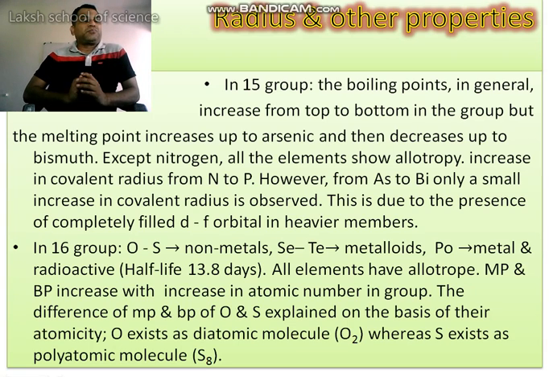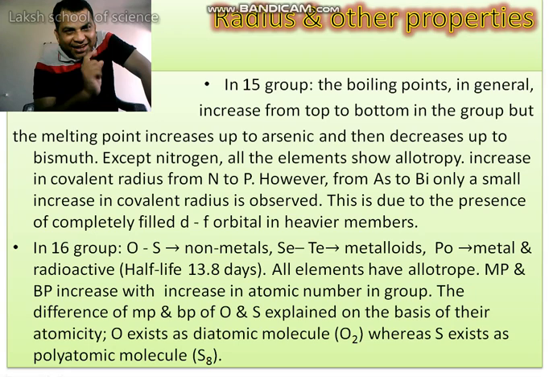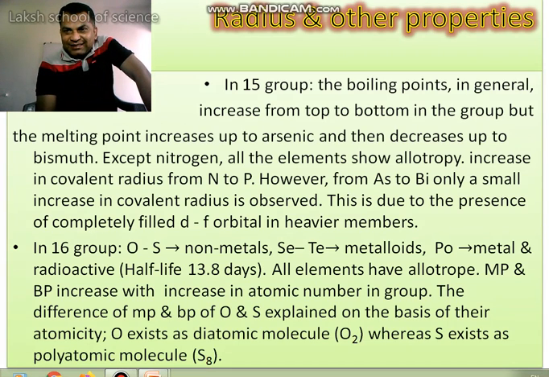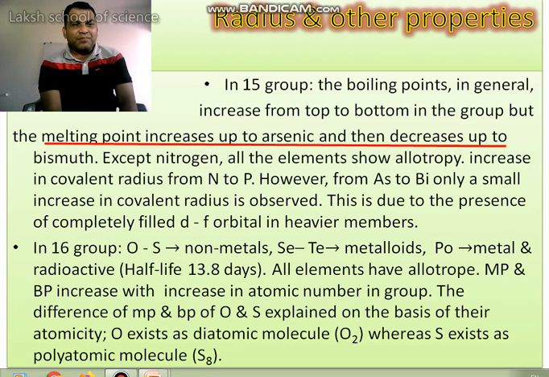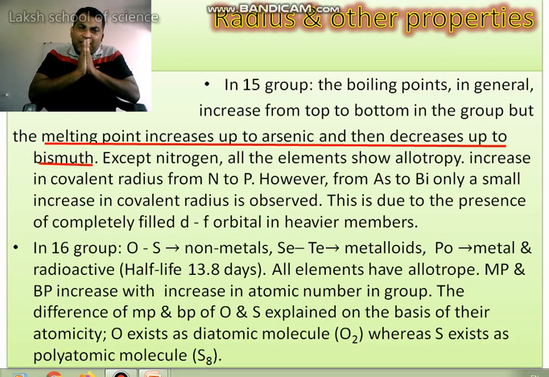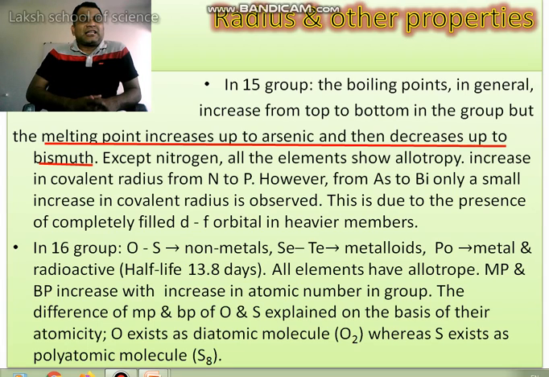Now the next topic we are going to talk about is radius and other properties. We have already discussed radius: in a period it decreases, in a group it is increasing. First we will talk about group 15. The boiling points in general increase from top to bottom in the group, but the melting point increases up to arsenic and then decreases up to bismuth. Hope you understand this point.